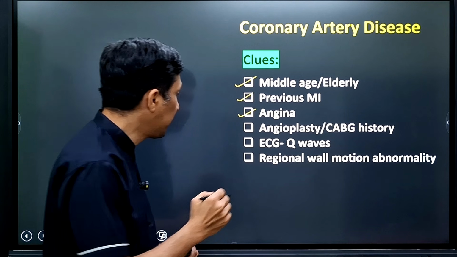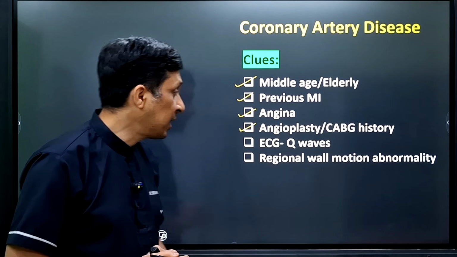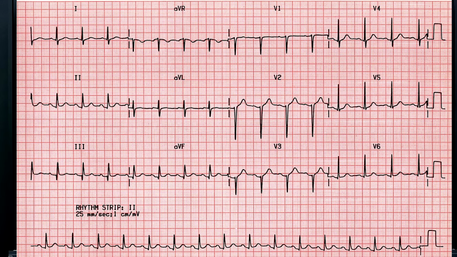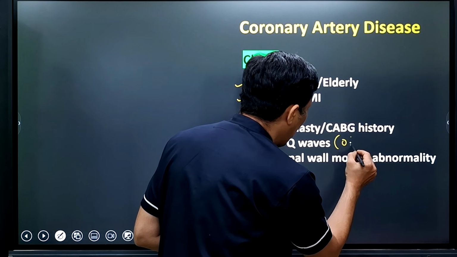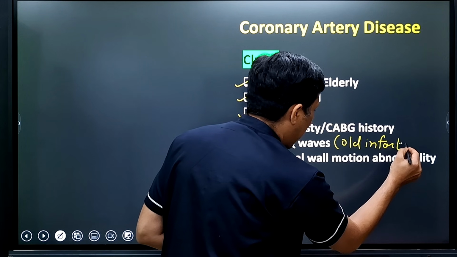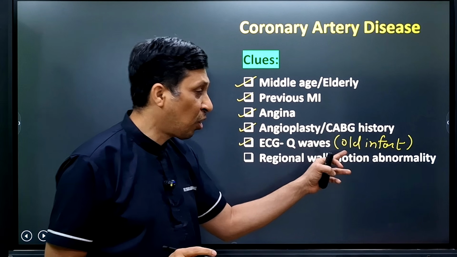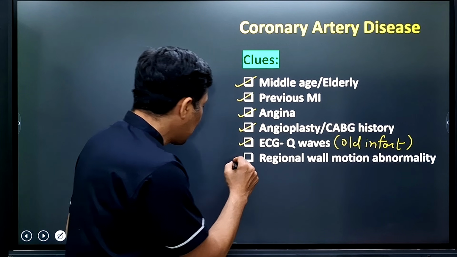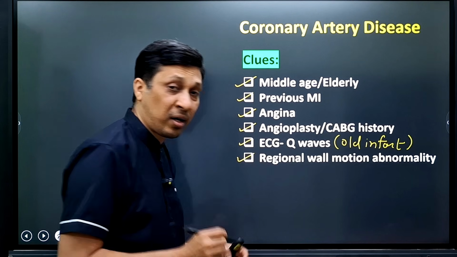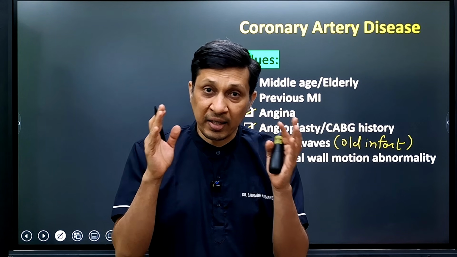Patient may also give history of previous angioplasty or CABG surgery. In ECG, you will get Q waves, and these Q waves indicate old infarction. And in 2D echo, you will get regional wall motion abnormalities. So these are the clues for knowing if the cause of the heart failure is coronary artery disease.